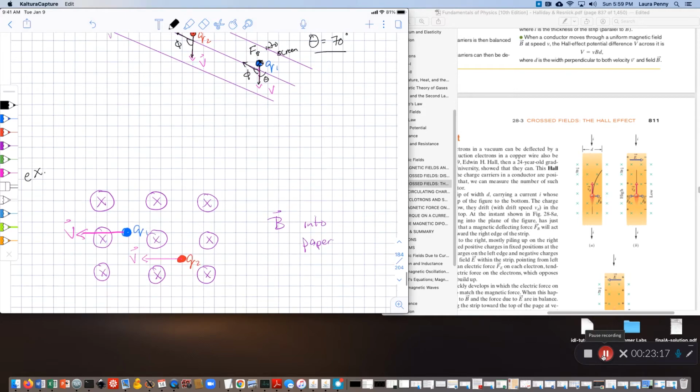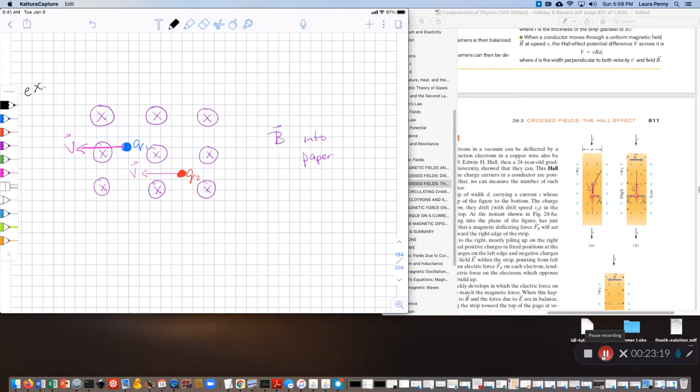Okay, let's look at another example. Here, again, we're going to go with everything still the same. Number-wise, V is still 10 meters per second, the magnetic field is still 10 Teslas, and our charges have a magnitude of 10 microcoulombs.